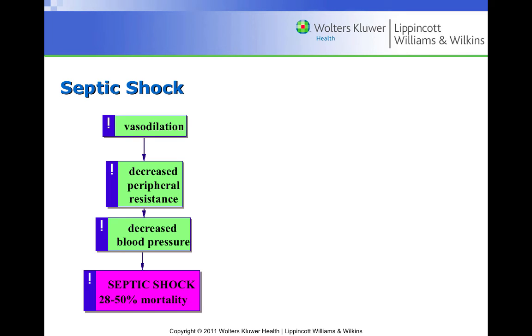And when septic shock begins, you get vasodilation, a decreased peripheral resistance, a decrease in blood pressure, and there's a 28 to 50% mortality rate with septic shock.